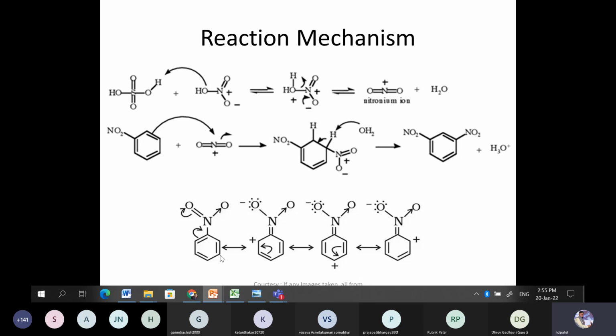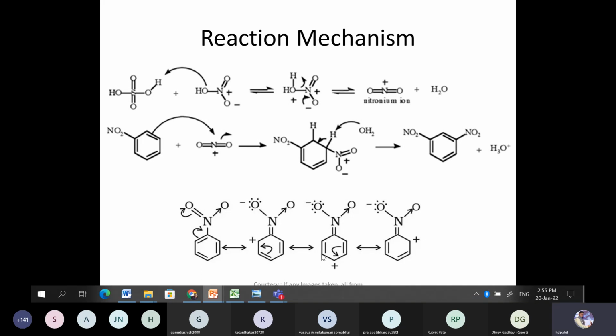The reason is, if we go through the electronic configuration of the ortho and para positions, at any point of time they have 6 electrons, whereas the meta position has 8 electrons. So compared to the ortho and para positions, the meta position is rich in electrons, and that's why the entering group will attach at the meta position.